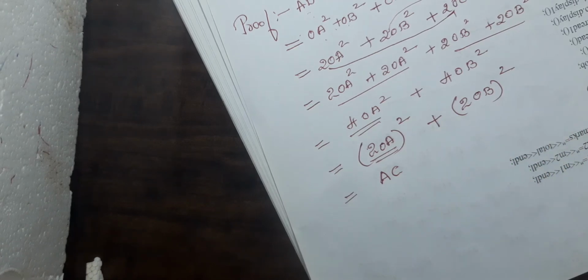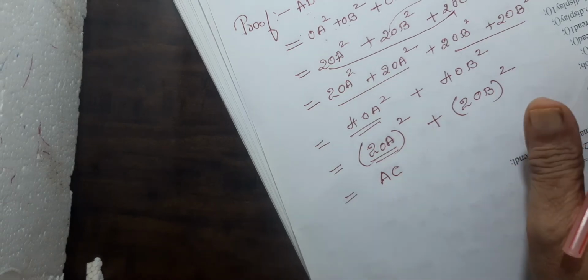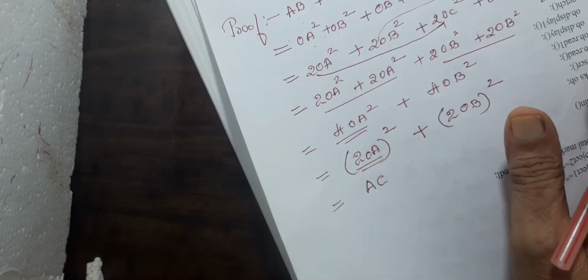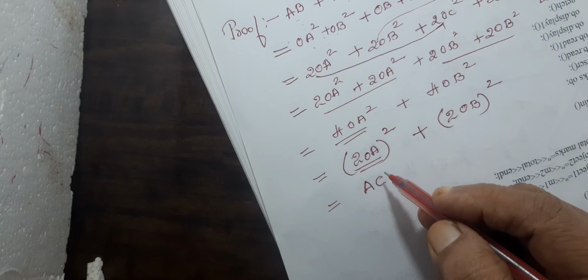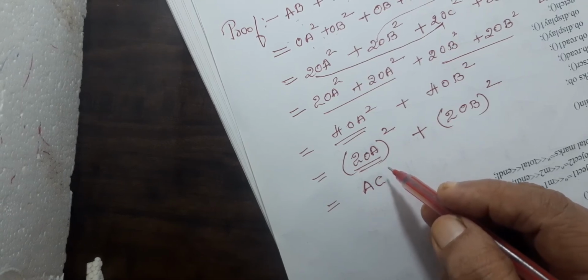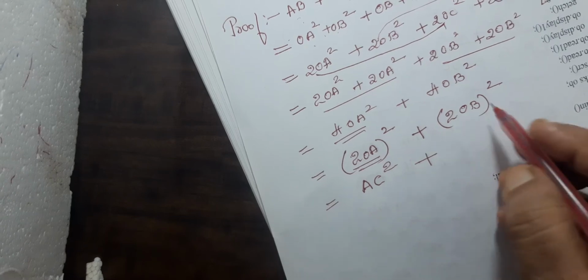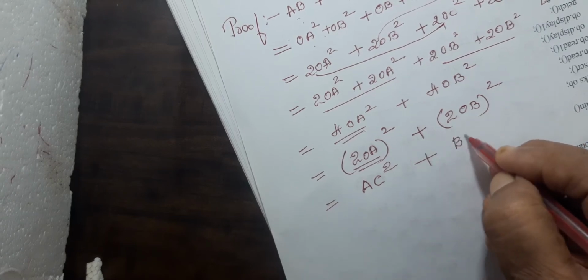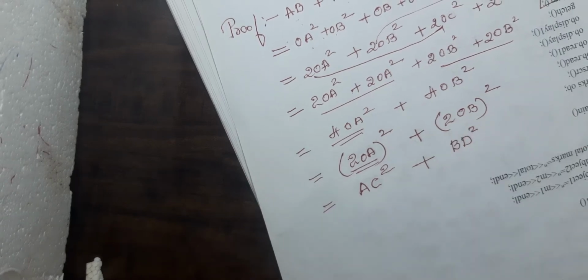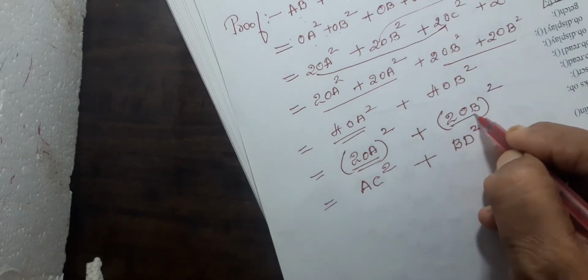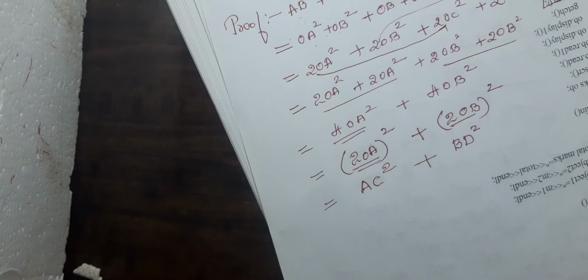We can understand like that. So when we add them, what we get? We get AC. So 2 OA is nothing but AC. AC squared plus 2 OB means it is BD. So BD squared. 2 OB the whole squared it is, but 2 OB is BD, so BD squared.